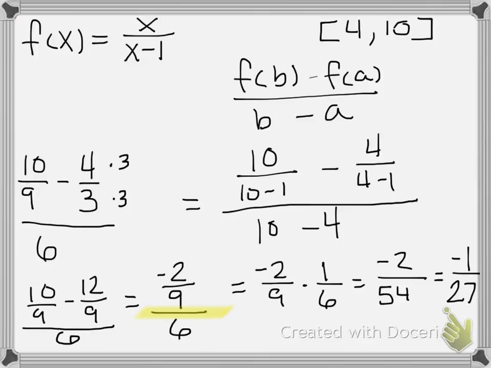So now we need to take the derivative of our f of x. Okay, so our f of x is x over x minus 1. So you can tell we're going to need to use the quotient rule to find the derivative of that.